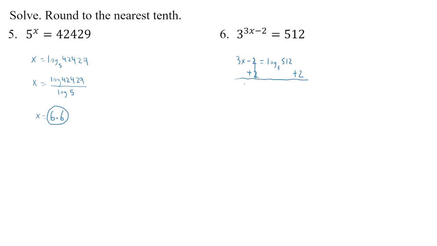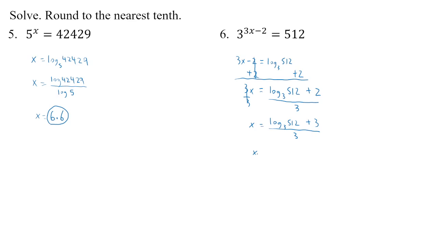And you will have 3x equal log base 3 of 512 plus 2. Divide both sides by 3, and you'll get x equal log base 3 of 512 plus 2 over 3.